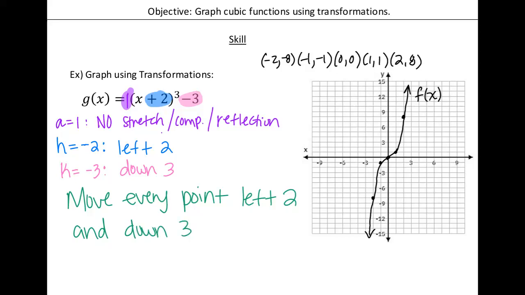So I'm going to take that (-2, -8), but this time I'm going to go to the left 2 times and then down 3. Okay? So go left 1, 2, down 1, 2, 3. Okay? So (-2, -8), I'm going to go left 2, down 1, 2, 3. You should end up at like (-4, -11).